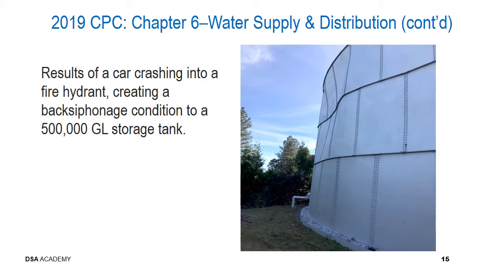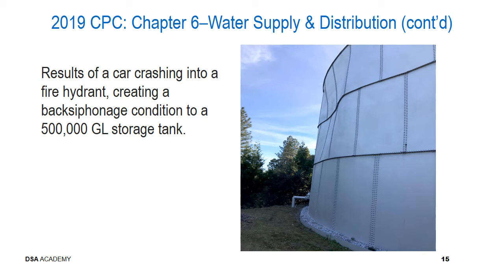This photograph basically shows a depiction of what can happen under a catastrophic back siphonage event. In this particular situation, this is a 500,000 gallon storage tank of potable water. And you can see how the sidewalls have been deflected in. This was caused from a car running into a fire hydrant that feeds basically this tank.